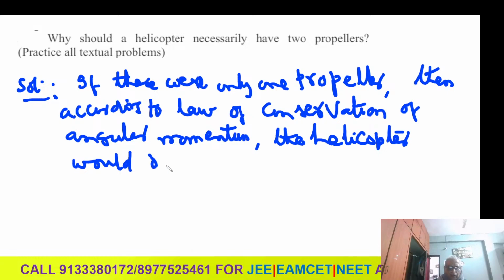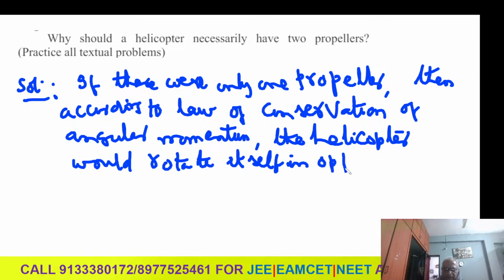One propeller is there; for balancing, another propeller is there. So according to the law of conservation of angular momentum, with only one propeller the helicopter would rotate itself in the opposite direction.